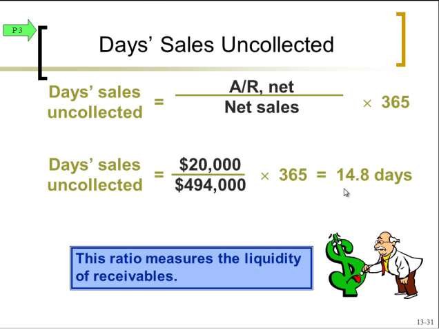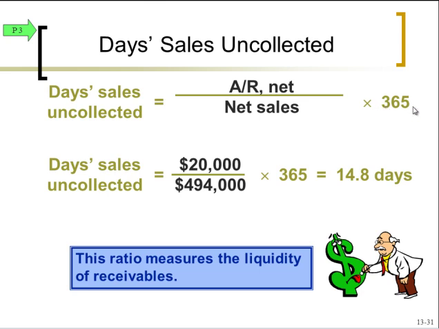Days sales uncollected. Here we're trying to figure out on average how long it takes us to collect the accounts. So we take our ending balance of accounts receivable divided by net sales, and multiply it by the number of days in the year, 365 days.